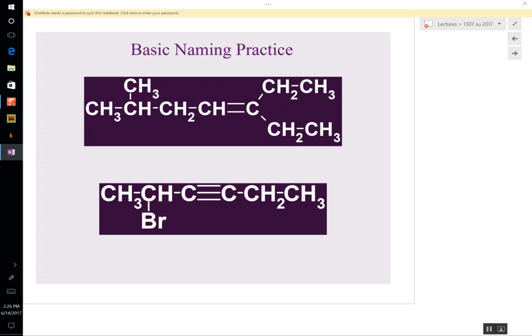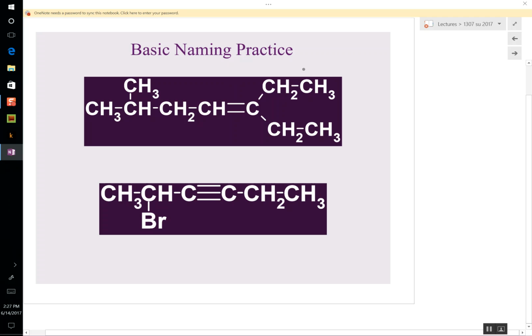Let's not try to do them both at the same time. Let's do one at a time. What's the longest chain? How many? 7? Okay. Everybody see at least 7?